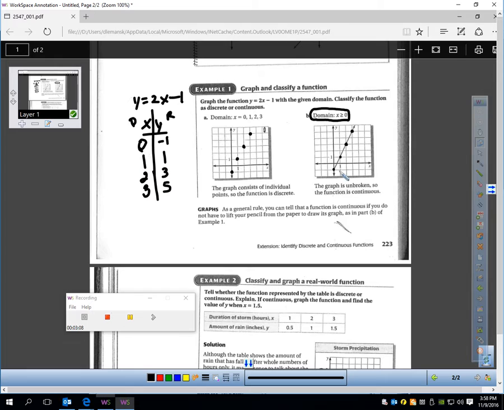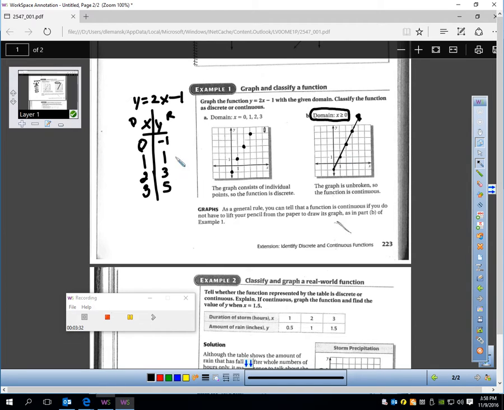So I'm going to take my ruler out and I'm going to draw a ray starting at 0 for x, and it's going in the one direction forever. So let me get my ruler out, and I'm drawing this ray, and I'll put an arrow at the end. So this would be an example of a continuous graph.